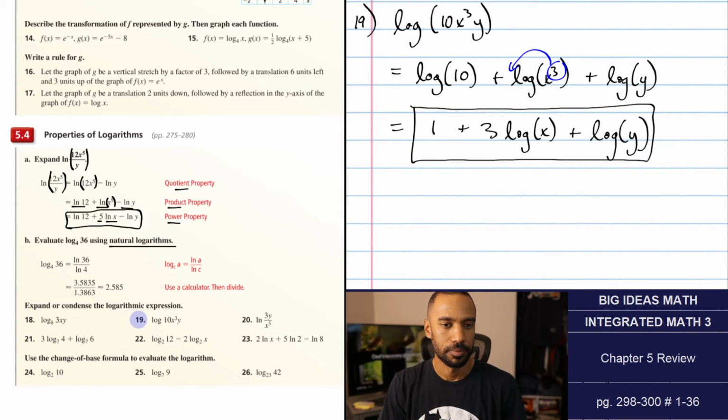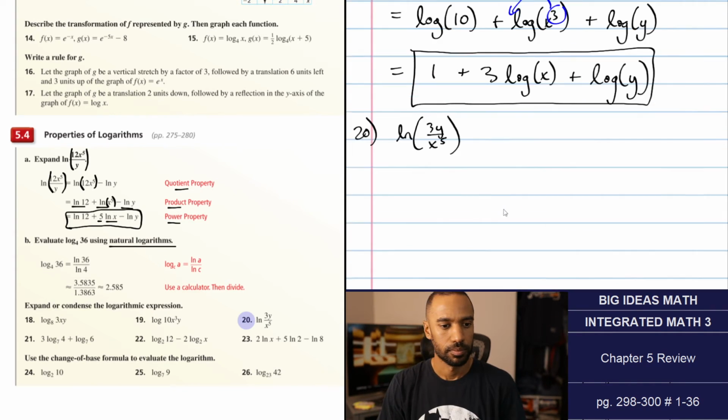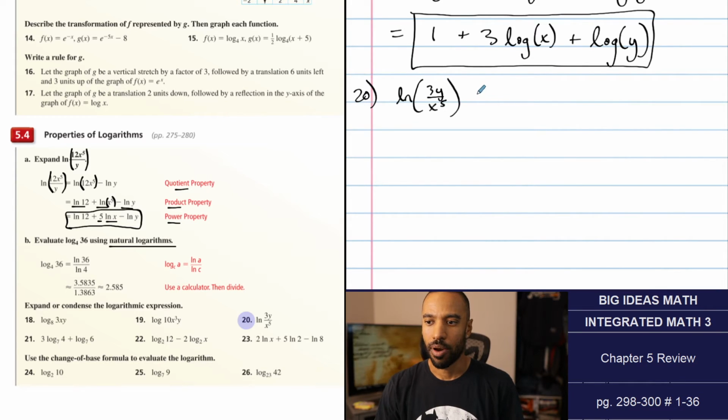There we have it. Number 20, we have natural log of 3y over x to the 5th. This is going to be a lot like the example problem that we had. Okay, so we do have a product on top. We have 3 times y, so I can separate that into natural log of 3 plus natural log of y.